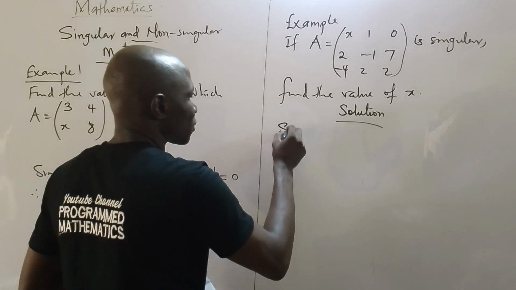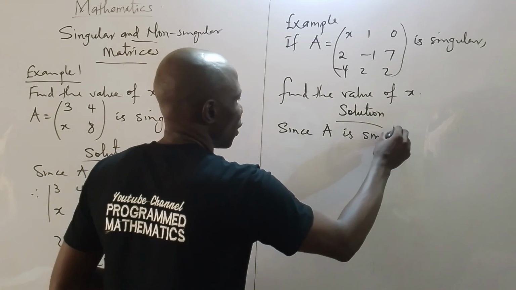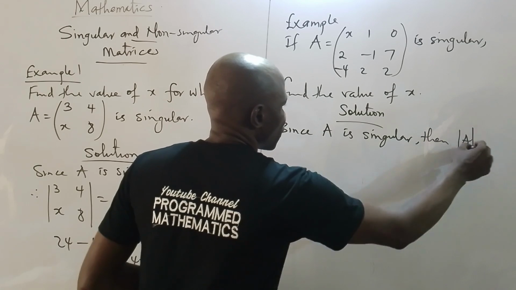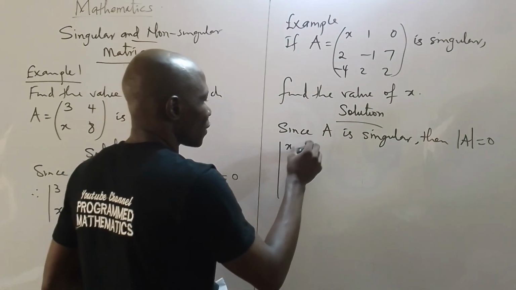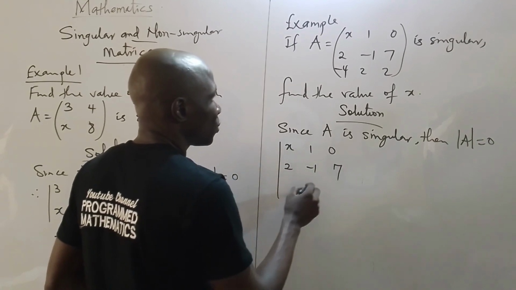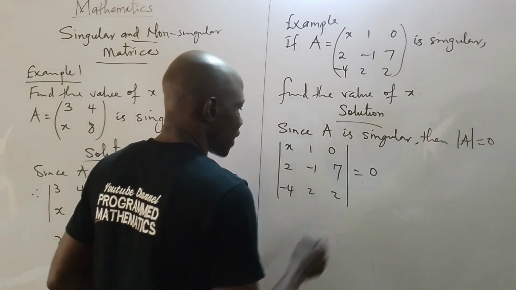Since matrix A is singular, it then means the determinant of matrix A is equal to 0. So the determinant of [x, 1, 0; 2, -1, 7; -4, 2, 2] is 0.